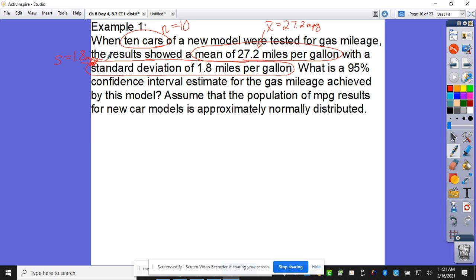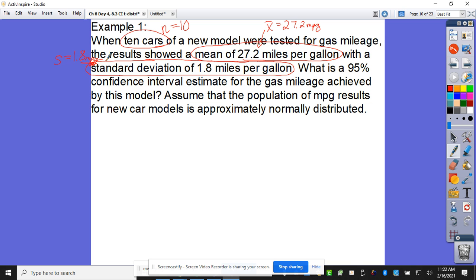And that's going to be the only difference about how you know it's a Z versus how you know it's a T. So this one would say something like, showed a mean of 27.2 miles per gallon, period. It is known that the population standard deviation is 1.8 miles per gallon, and that would make it a Z. But because this standard deviation is still talking about our sample, that's S. Because it's S, then we're using T. So that's the whole process of today versus before today.